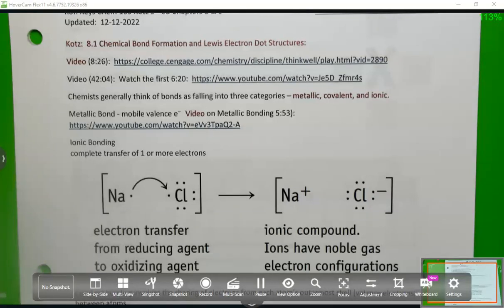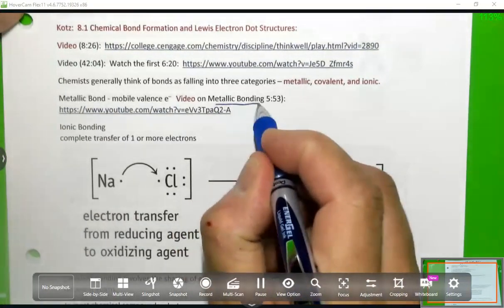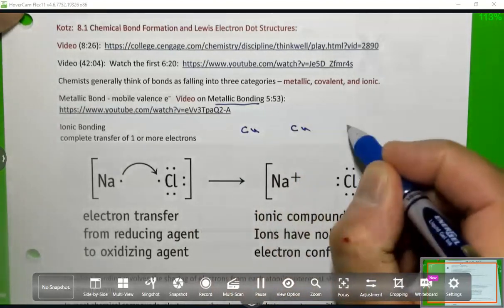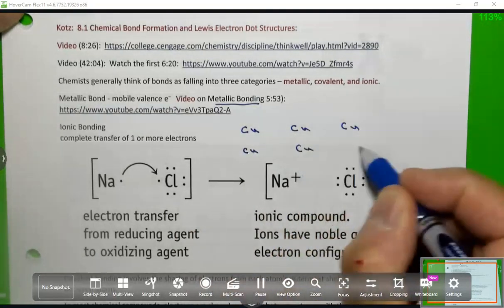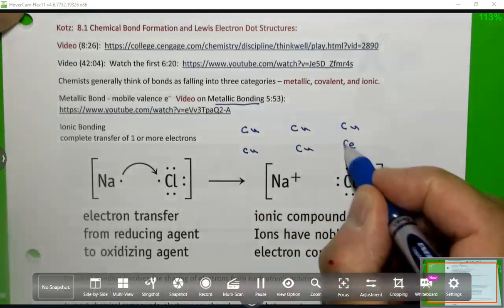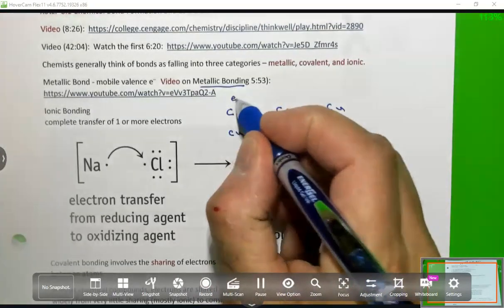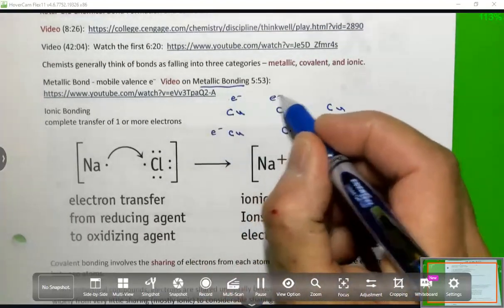So a metallic bond is basically, they call it a sea of electrons. So for a metallic bond, I'll just draw it right here a little bit. If we have copper, and that copper has what we call delocalized electrons.